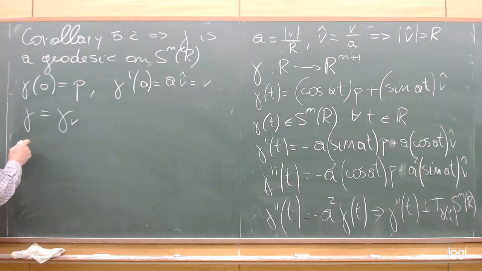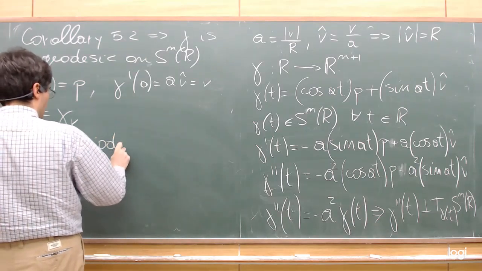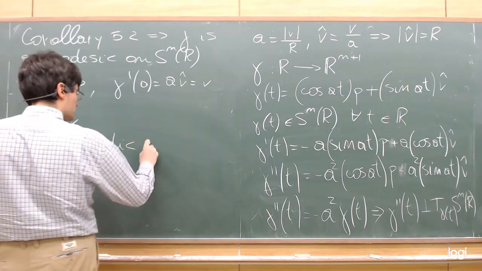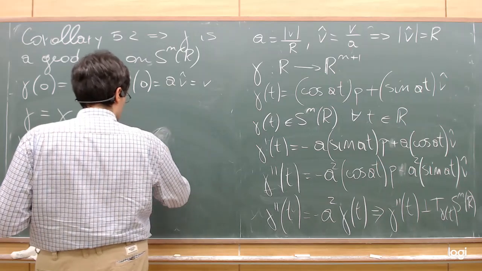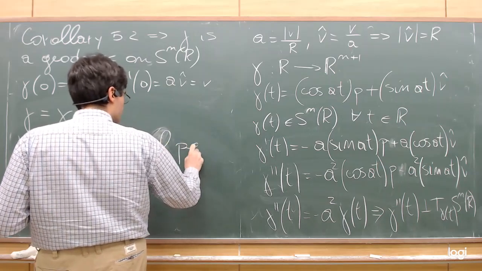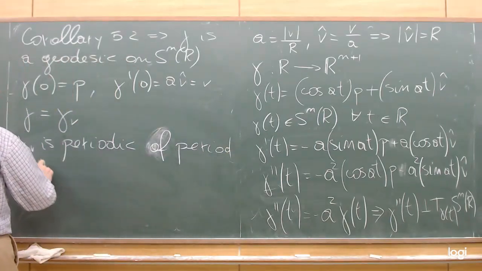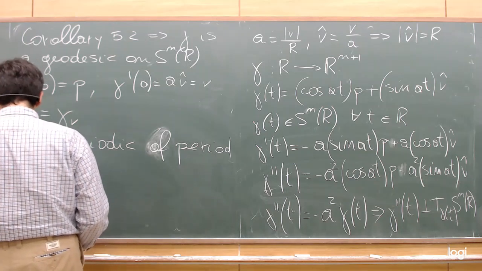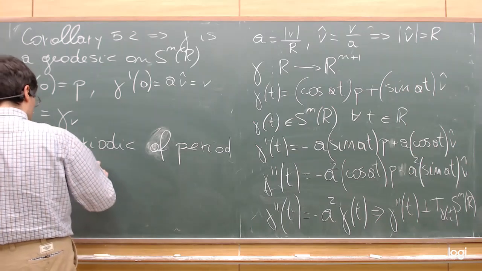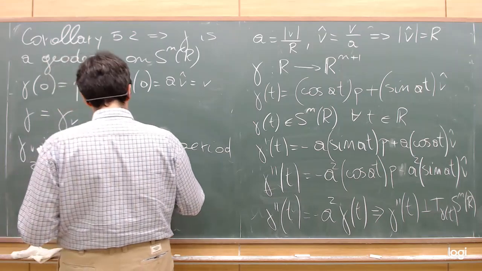Now let's observe that gamma v is periodic of period 2 pi over a, and has a constant speed.